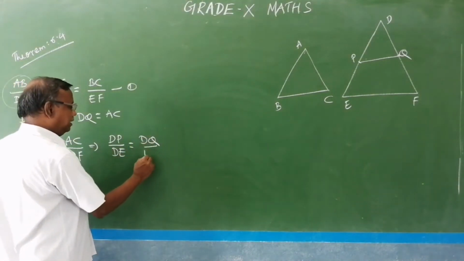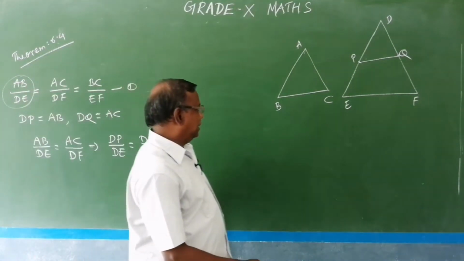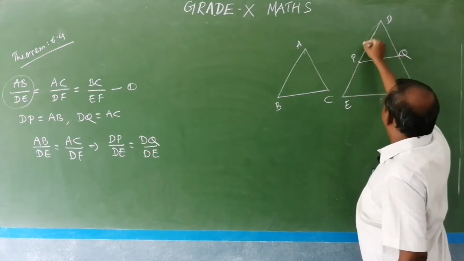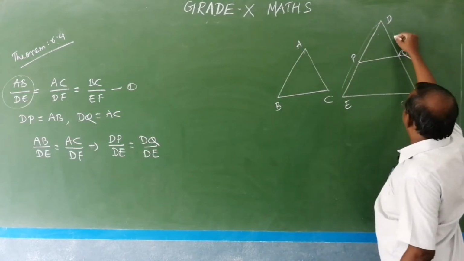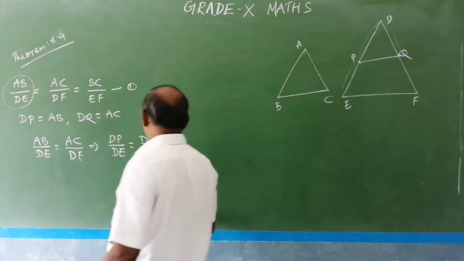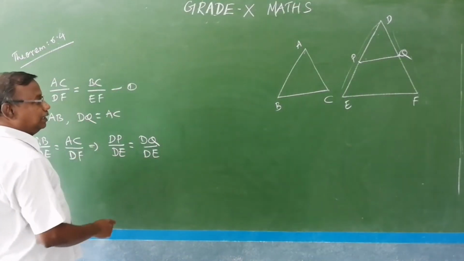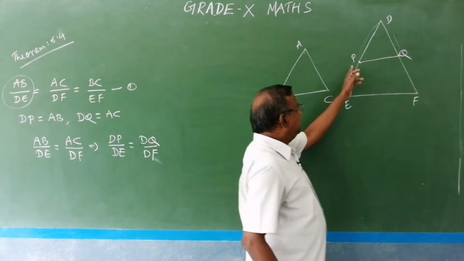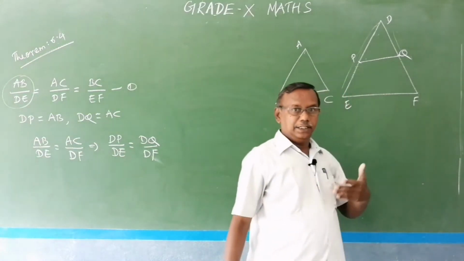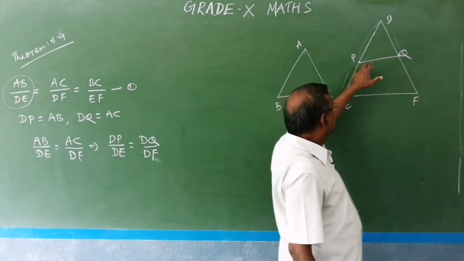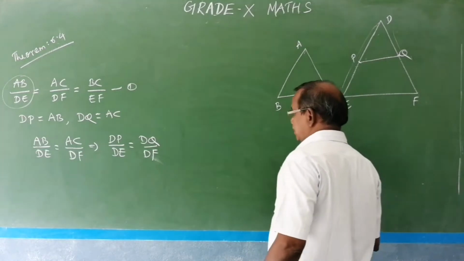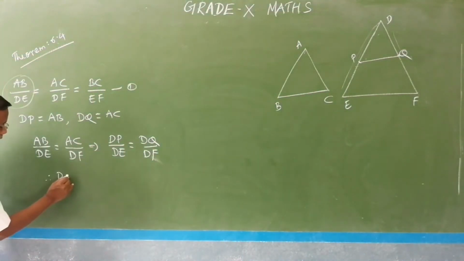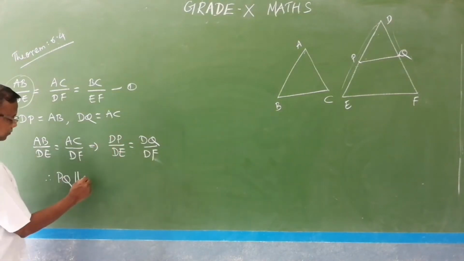So in this triangle, DP by DE equal to DQ by DF. So PQ must be parallel to EF, because in example 1 we have studied. So by the converse of BPT, PQ is parallel to EF.